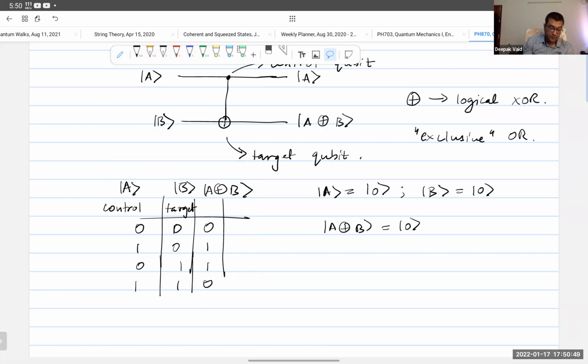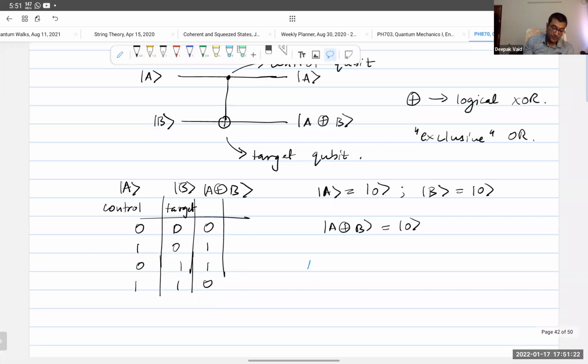So if A is 0, the target qubit is unchanged. But if A is equal to 1, then the target qubit flips, whatever the target qubit is.